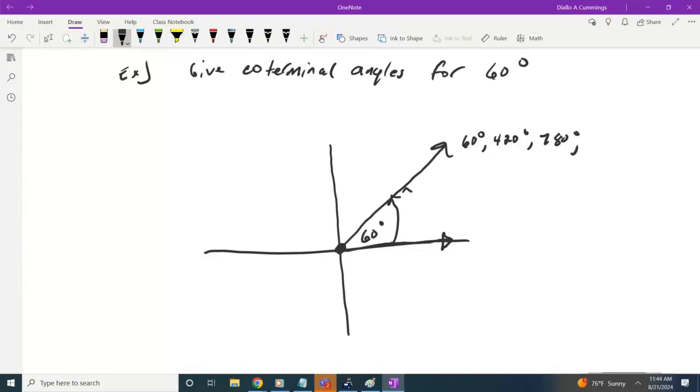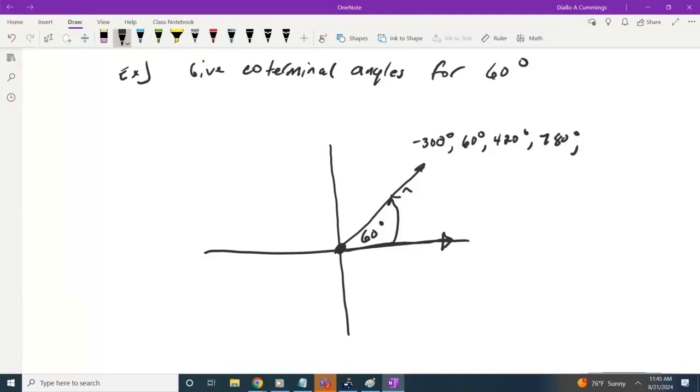So 60 degrees minus 360 degrees is negative 300 degrees, right? If I take 60 and subtract 360, I get negative 300.